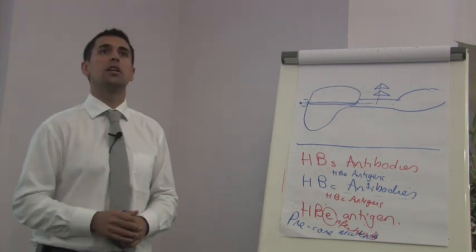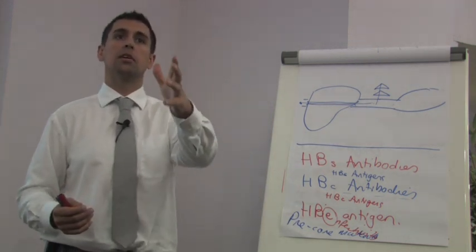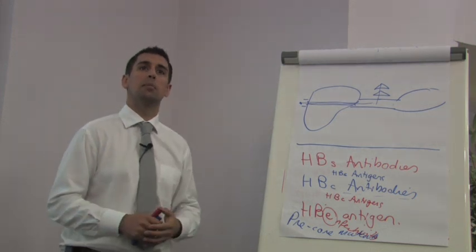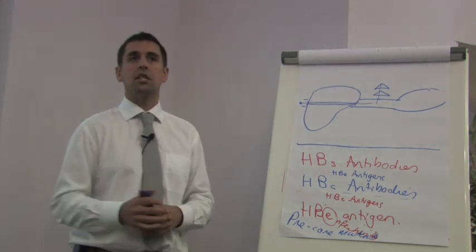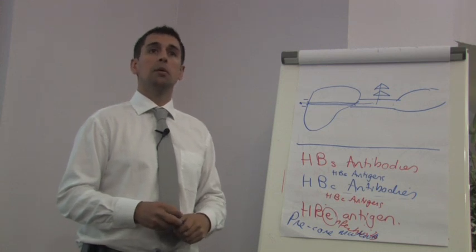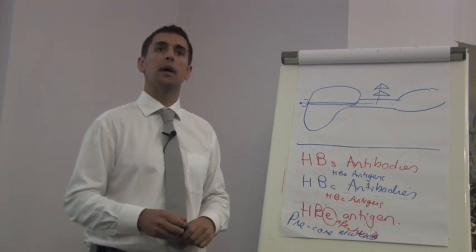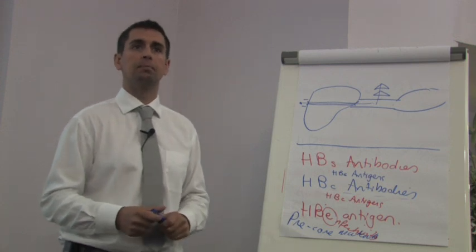What about if somebody comes along, they've got a history of hepatitis B in the past. You do a blood test and you find out that they've got hepatitis B surface antibodies, but the blood test also suggests that they've got hepatitis B envelope antibodies as well. Should you treat them?